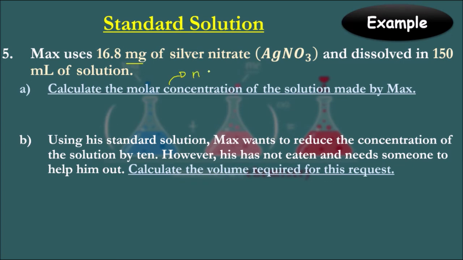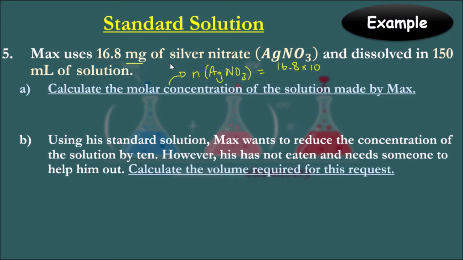So the number of moles of silver nitrate in this case is 16.8 milligrams. If it is milligrams, we want to convert that into grams.